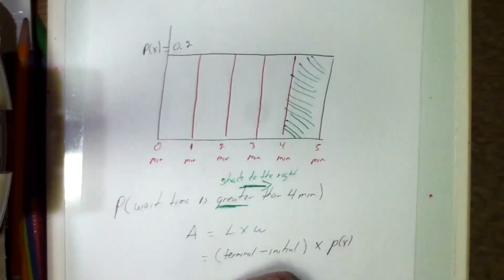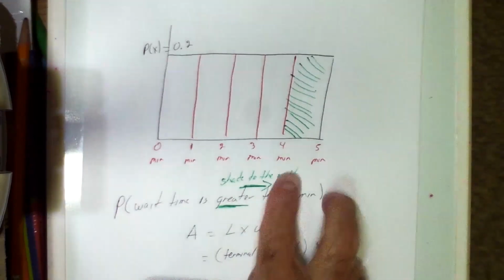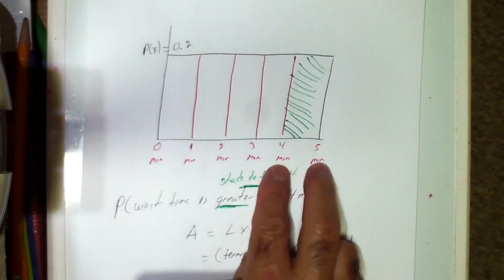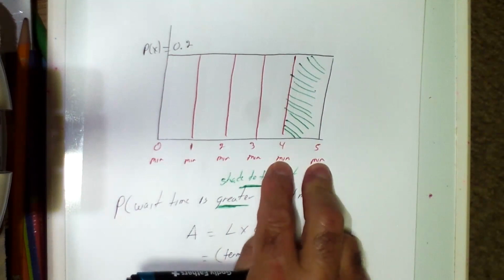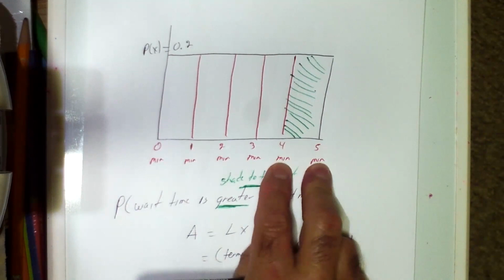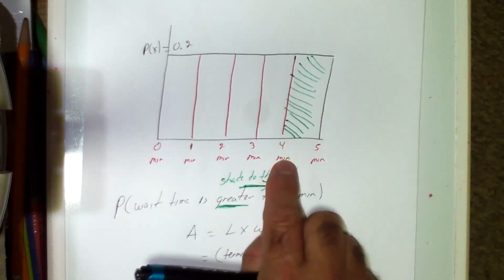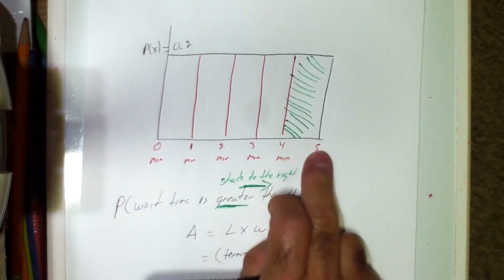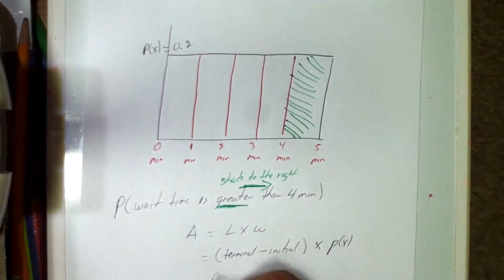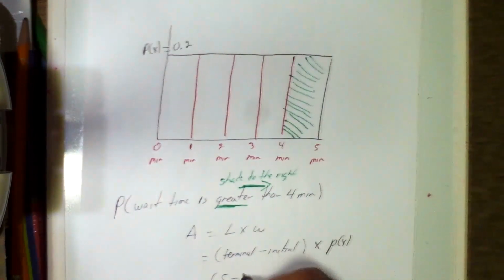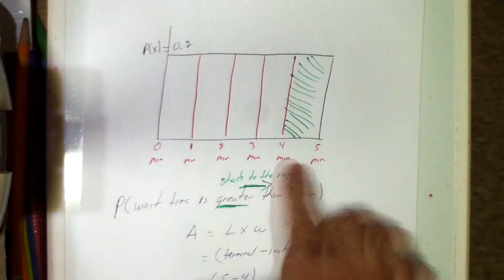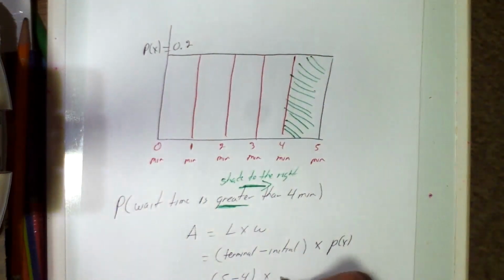Right, and so when you do the length, remember you've got two different initial and terminal values than the previous one. So your initial now is 4 and your terminal is 5. So it'll be 5 minus 4, times the P of X.